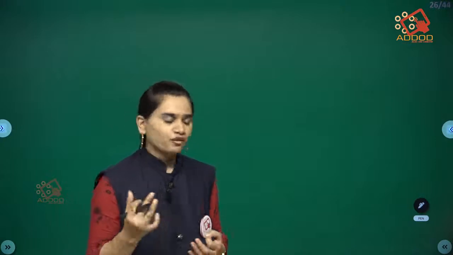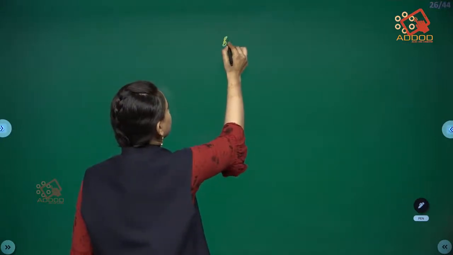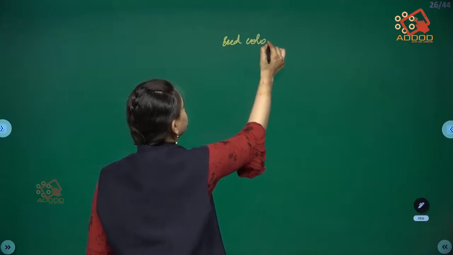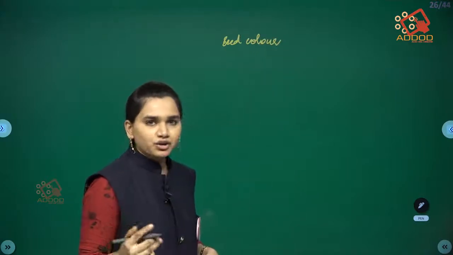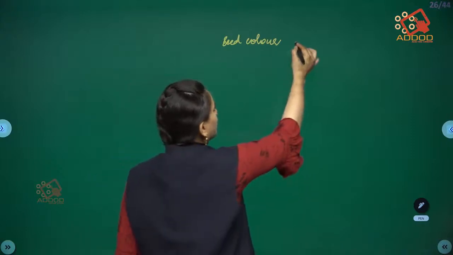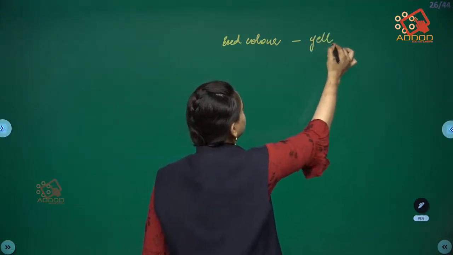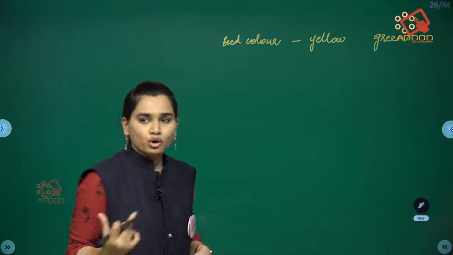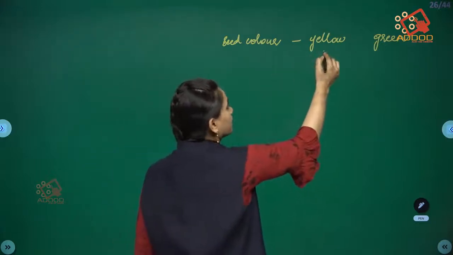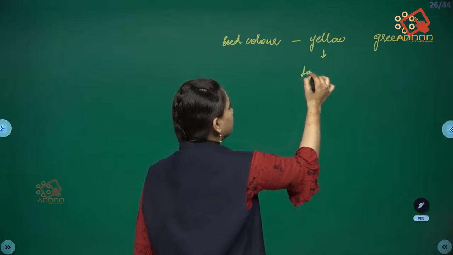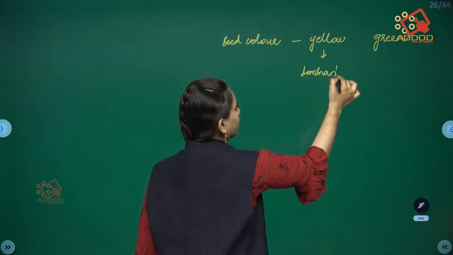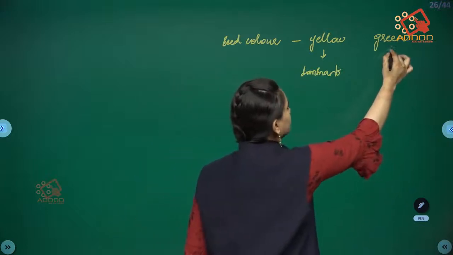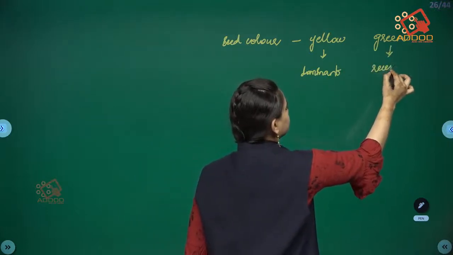Now, let us see how we need to write the dominant alleles and recessive alleles. For example, we have seen the seed color. In that seed color, we had two traits, yellow and green. We have also seen that yellow colored seed is the dominant trait and green color of the seed is the recessive trait.